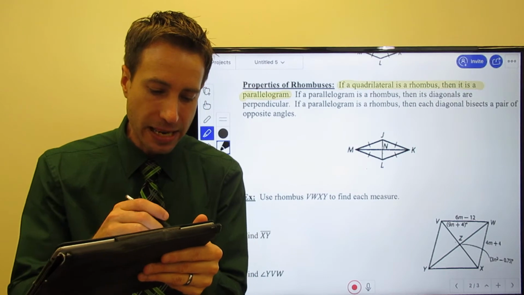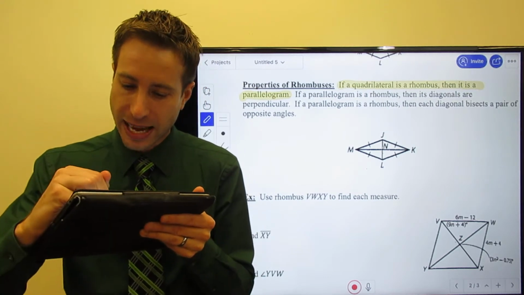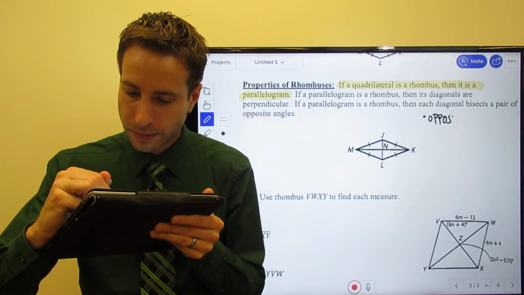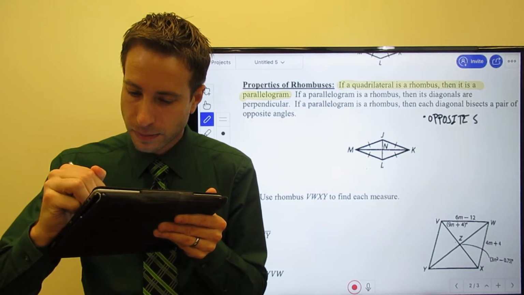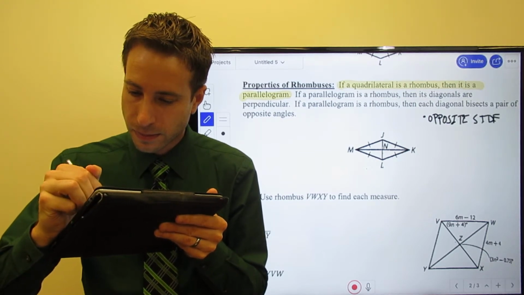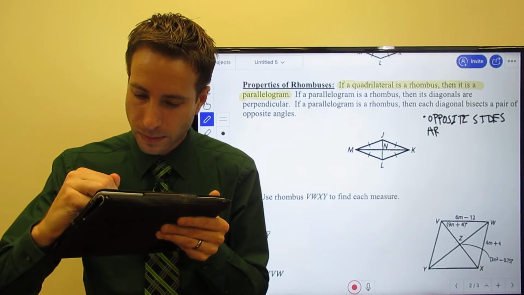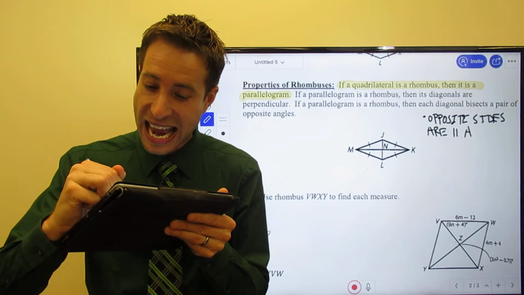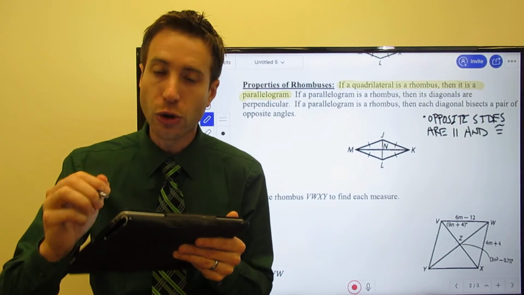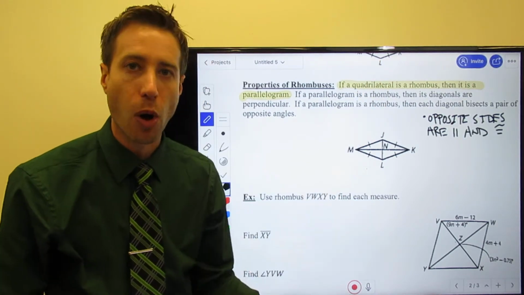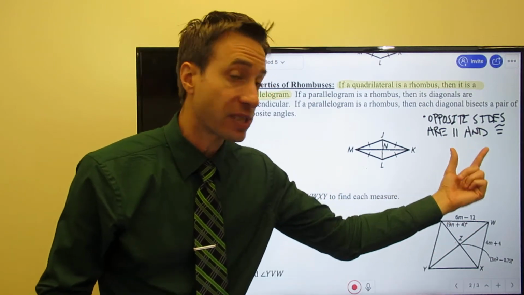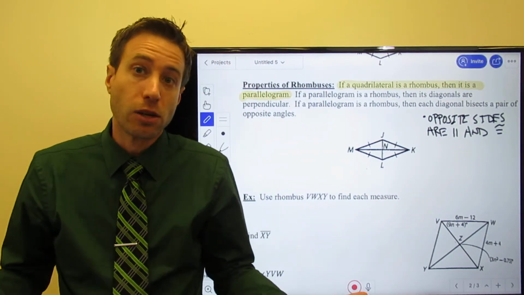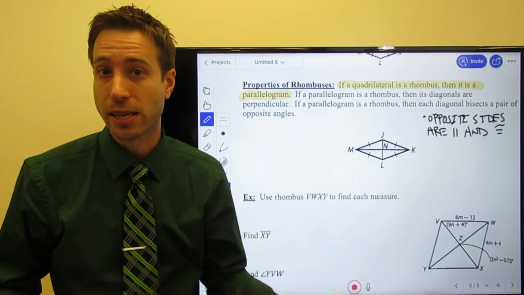What does that mean? Well, just like with rectangles, opposite sides are parallel and congruent, which we already knew. Actually, in a rhombus not only are opposite sides parallel and congruent, but all of the sides are congruent. That's what makes it a rhombus.